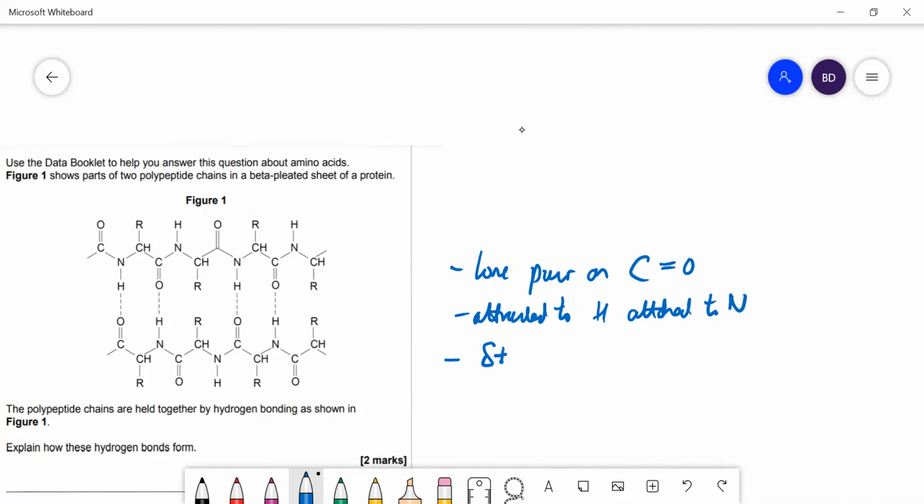Rather than write delta positive, write partial positive charge on the hydrogen, because the nitrogen is much more electronegative, and so you get a hydrogen bond forming.